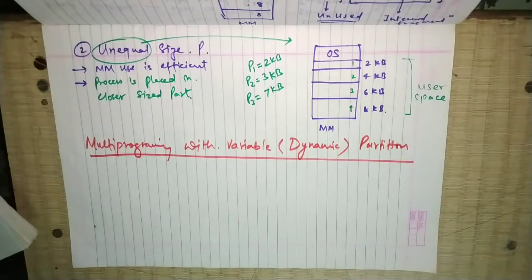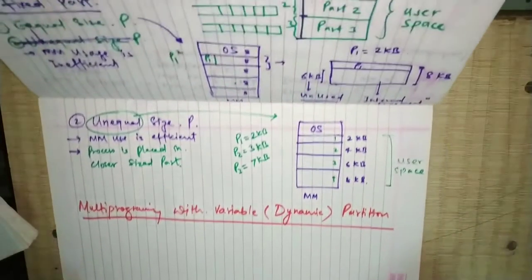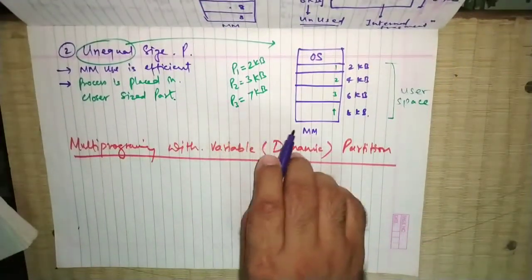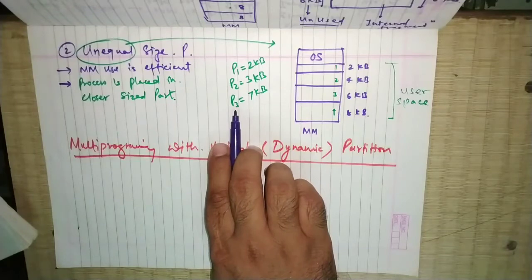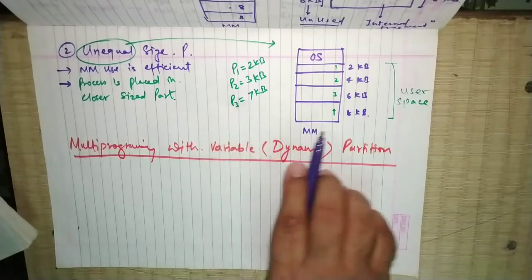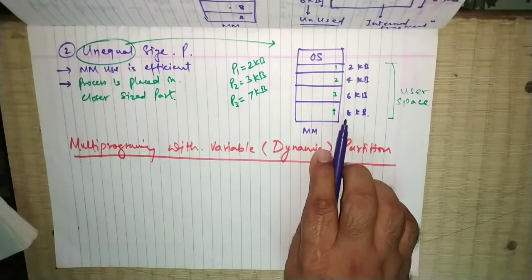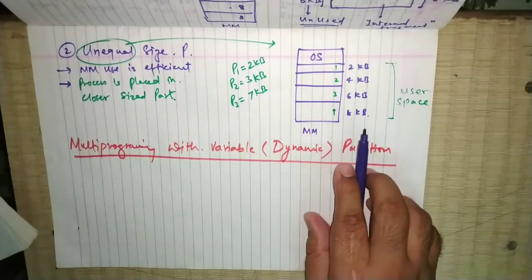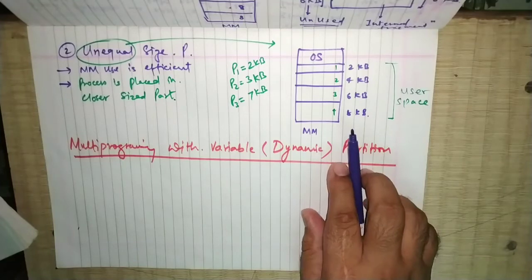The main problem with fixed size partitioning is the wastage of memory. What we have seen in the earlier example, in the unequal size partitioning, is that we placed the third process inside the fourth partition, which was of 8 KB. It requires only 7 KB, and the 1 KB space was unused.